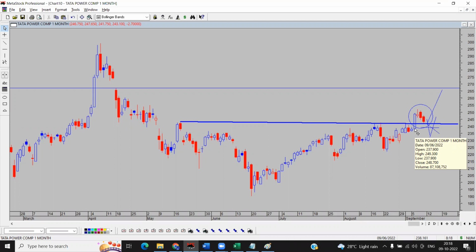Short-term correction will end when you have a support area. It can be in the form of moving average, it can be in the form of gap, or here as we say that we've got a swing high here. So it can be in any way. Let's see if the moving averages are there or not.